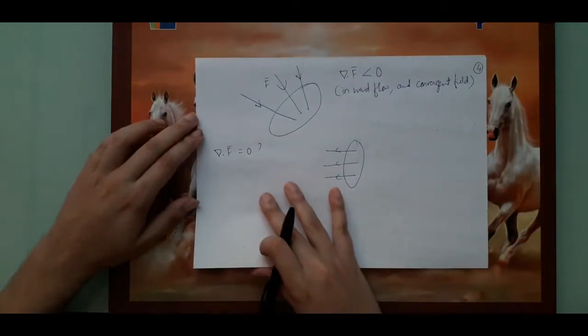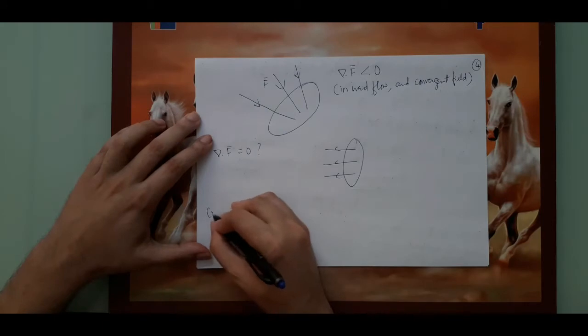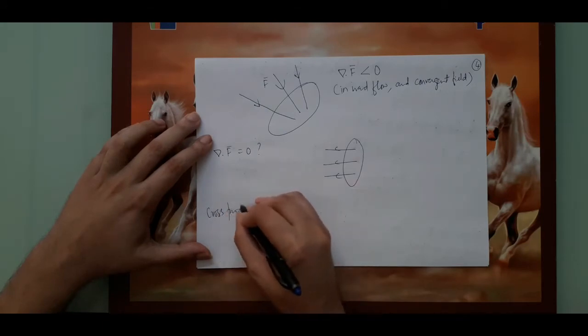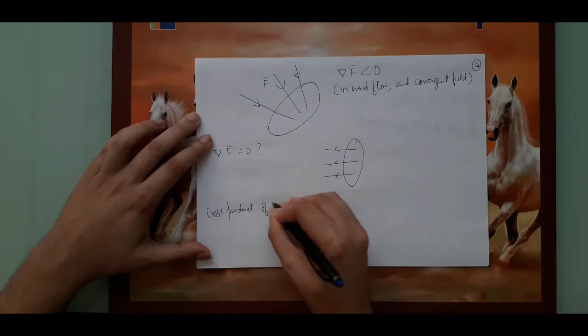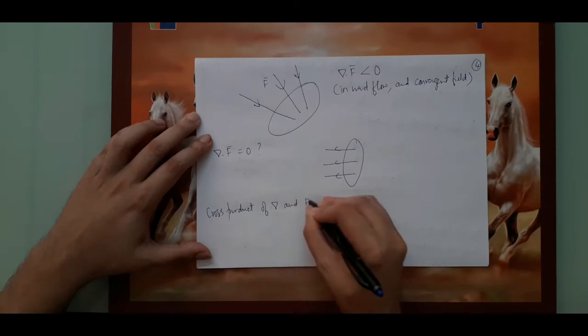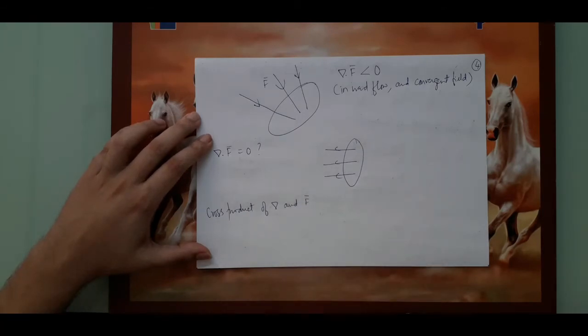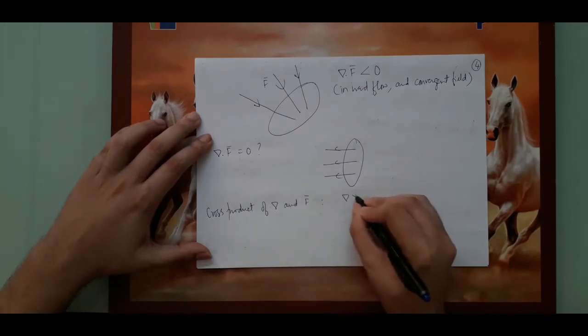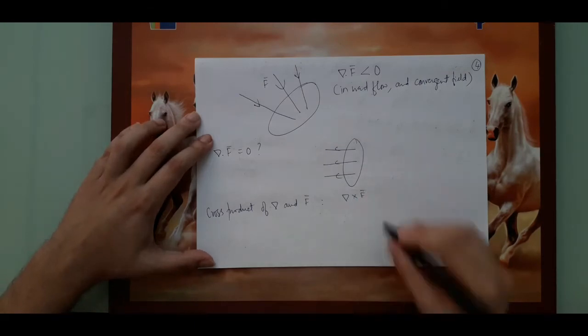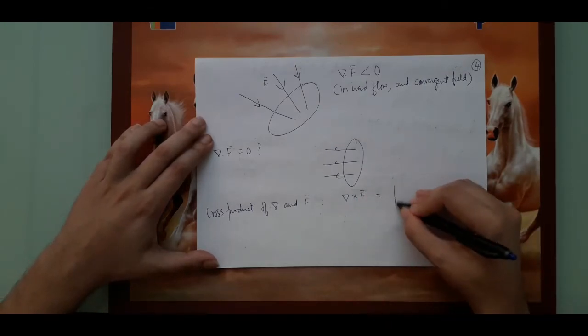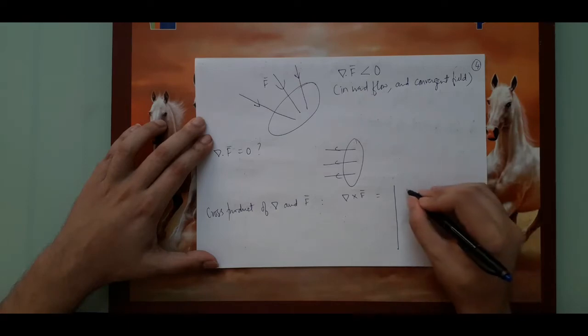Now, if I take the cross product of del and F, that is nothing but del cross F. And how do I define it? Using my vector notation, it is something of this kind.